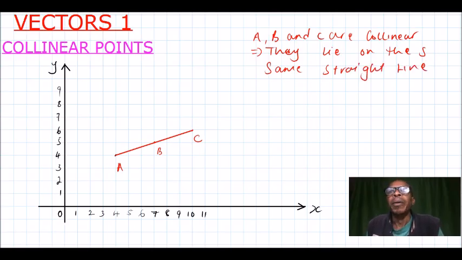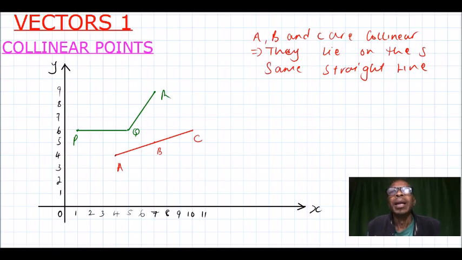Now we can take other points. For example, we can take this point here and call it P. We can take another one here, Q, and another one here, R. So you find that for P, Q, and R, you cannot join a straight line. If you join the 3 points, you come up with that kind of line, 2 lines.